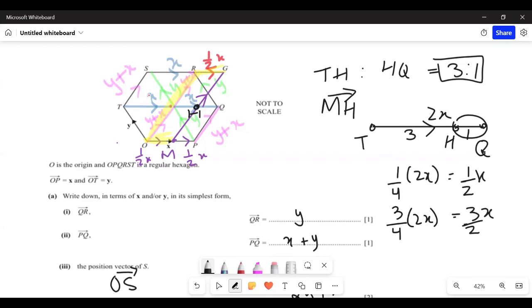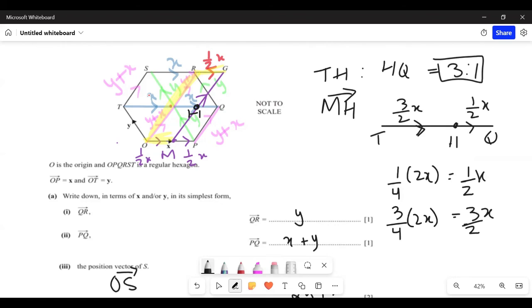So now we know that in TQ, TH is 3/2 of X, and this is half X. Now we should be able to find MH.